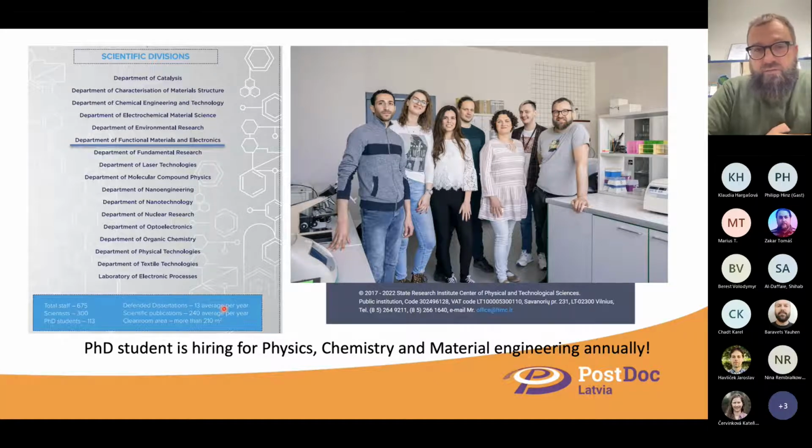I think it's really good to have everything in one space, starting from physics and ending with biomaterials. Of course, in our center, we have open spots annually for physics, chemistry, and material engineering for PhD students. So keep in mind, if somebody wants to, you are welcome.